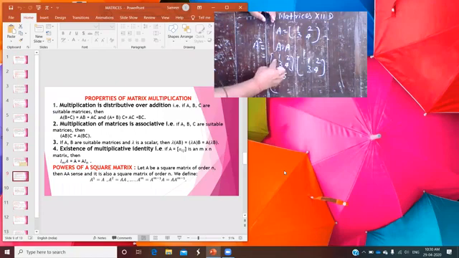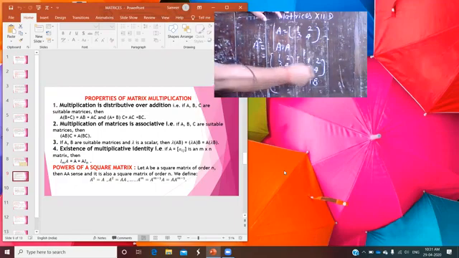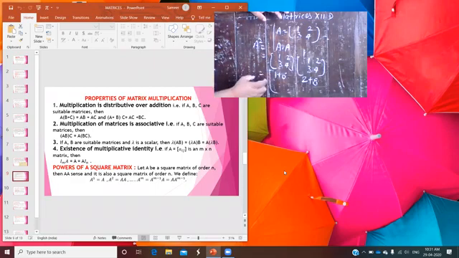Now first row, second column. 1 into 2 is 2, plus second element to second element, 2 into 4, which is 8. Now come to the second row, first column. 3 into 1 is 3, plus 4 into 3, which is 12.